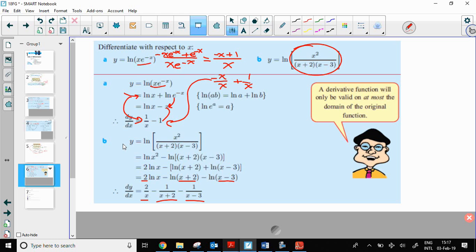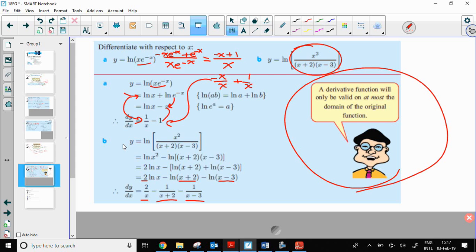Now, our little friend from the book is reminding us of what I was saying earlier, that a derivative function is valid on, at most, the domain of the original function. It's not obvious from looking at either of these two original functions what their domains are. Those are fairly complicated, but it's at least something to keep in mind.